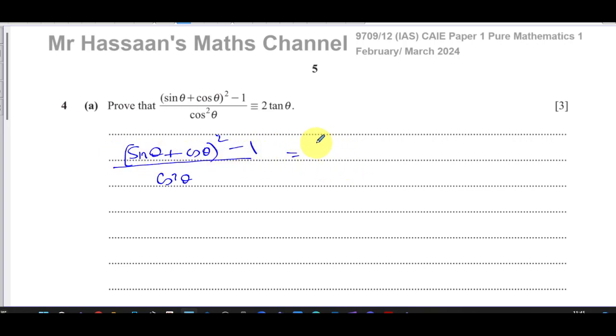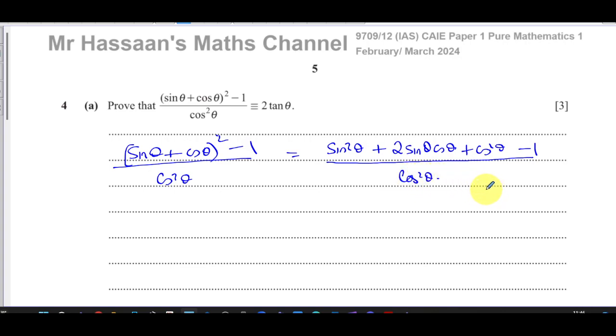We square the first term, which gives us sine squared theta, plus double the product of the two terms, which is plus 2 sine theta cosine theta, and then we square the last term, plus cosine squared theta. Then we have a minus 1 on the outside, all over cosine squared theta.